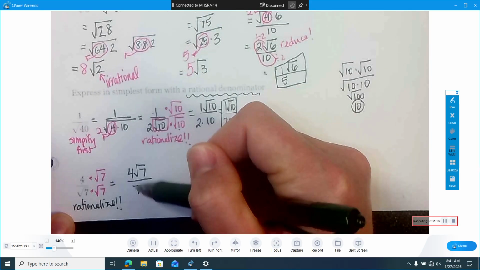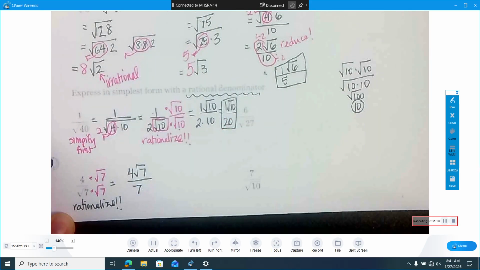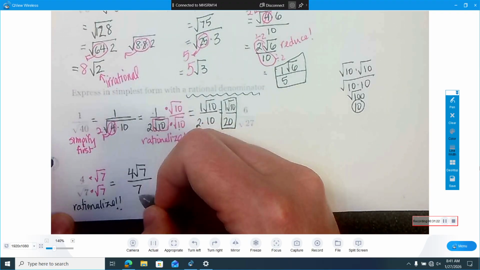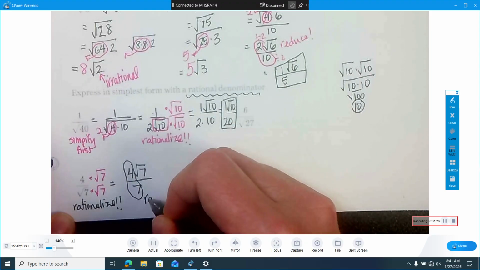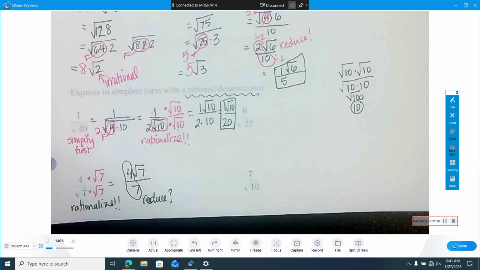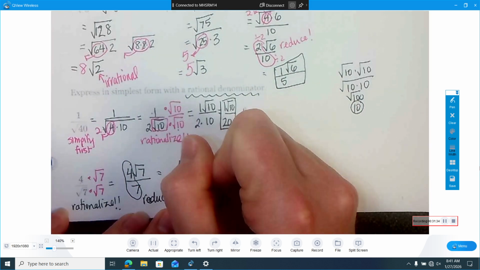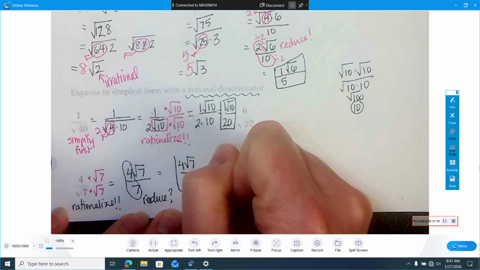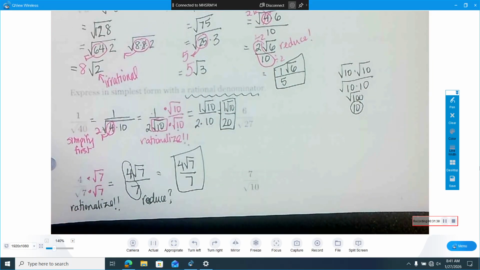Can I reduce my 4 and 7? No. It doesn't reduce at all, but you'd have to check whether those regular numbers reduce. It's a fraction, does it reduce? But this doesn't. So 4 radical 7 over 7 is a perfect answer. Okay.